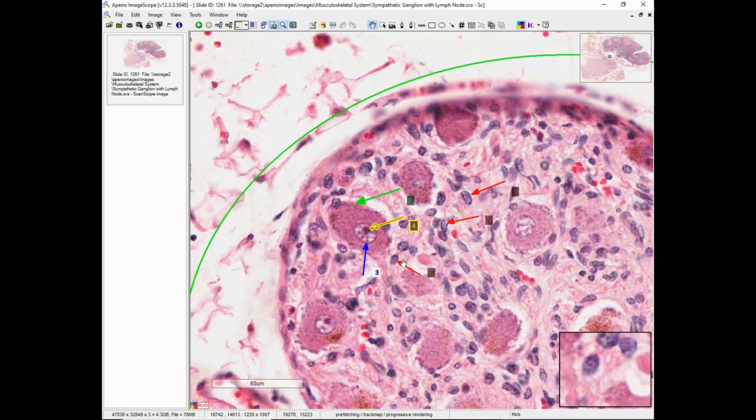So these could be the satellite cells around the neuron itself. But one thing that's possible is that these could also be some of the Schwann cells that are supporting the axons coming and going from these cell nuclei. 2 is pointing at the nerve cell in and of itself, whereas 3, nucleus, and 4, nucleolus, are present right there.